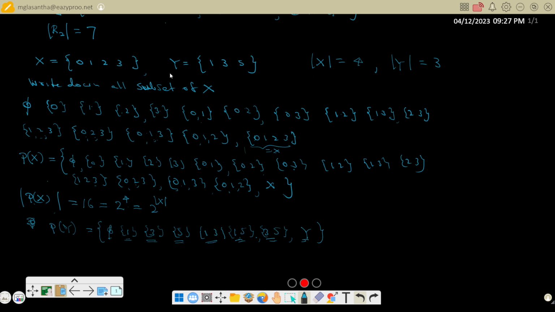What is the cardinality? The cardinality of PY is equal to 2 to the power of p. Why? Here there are 3 elements, 1, 2, 3, so 2 to the power of 3.